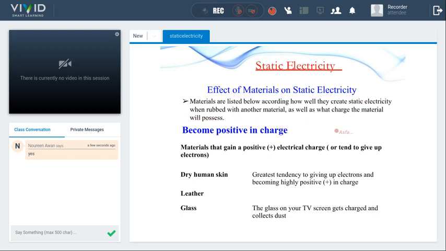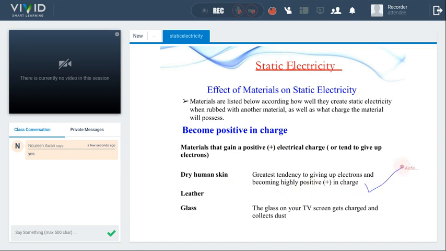And the effect of the materials on static charge. Materials are listed according to how well they create static electricity when rubbed with one another, as well as what charge the material will possess. Dry human skin has a greater tendency to give up electrons and become highly positive.